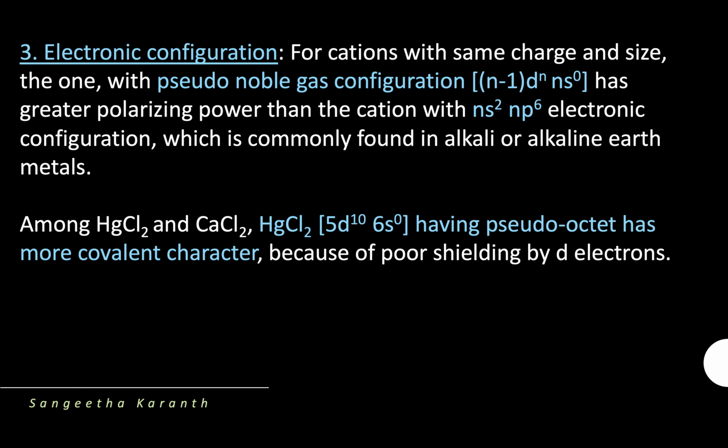So I repeat, in mercury, there are d electrons in the outermost configuration, which have a very poor shielding effect. So the cation will have more power to polarize the anion, and hence the covalent character will be more because of more polarization. Whereas if the cation has inert gas configuration, the polarization will be less and hence the covalent character also will be lesser.